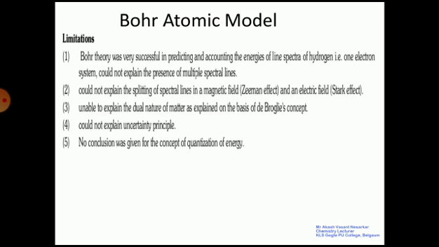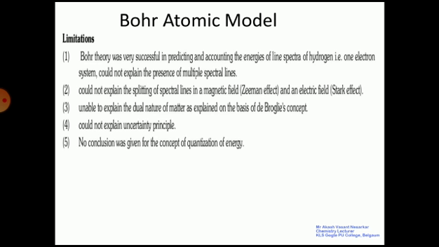Second point, it could not explain the splitting of spectral lines in a magnetic field and electric field. Means how the spectral lines get split when we subject them to the magnetic field and the electric field cannot be explained by Bohr's atomic theory.